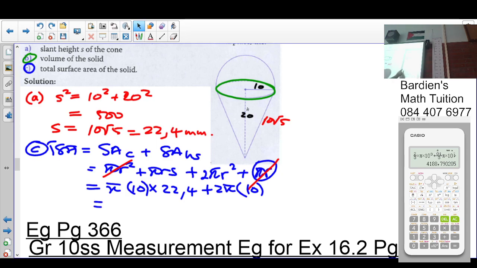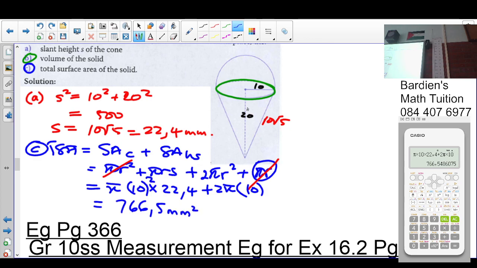It's simply going to give us pi times 10 times 22.4 plus 2 pi times 10. Gives you 244 pi, which is 766.5. Sorry? The 10 squared has not been written yet. Okay, so then this is wrong.